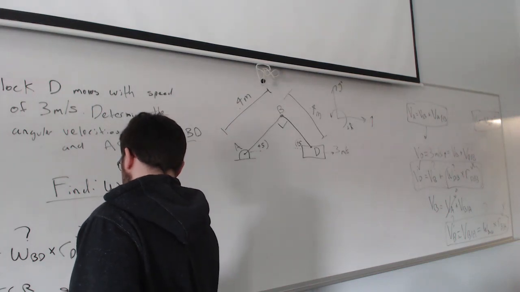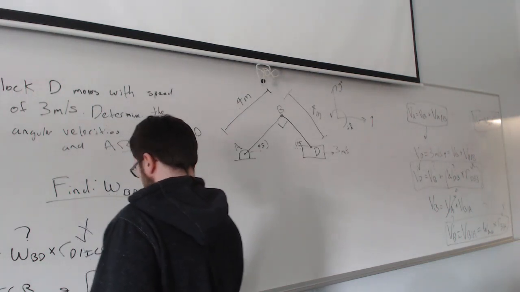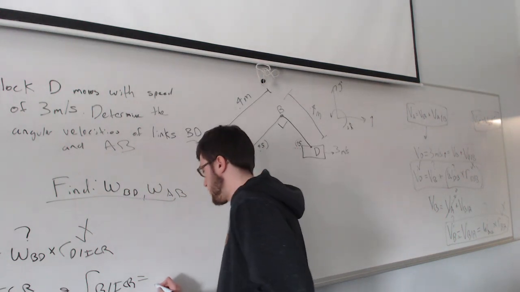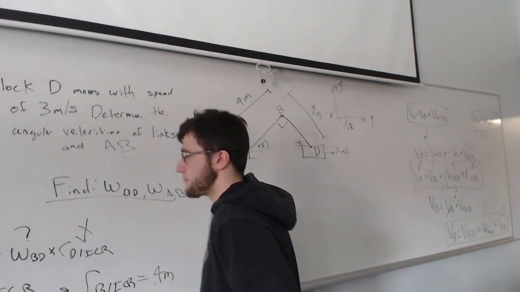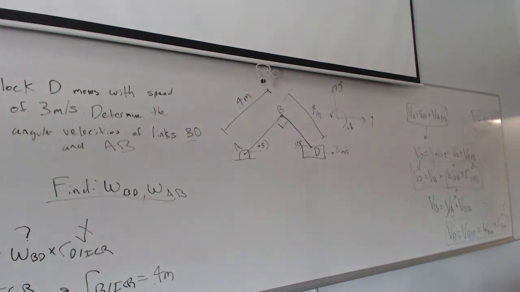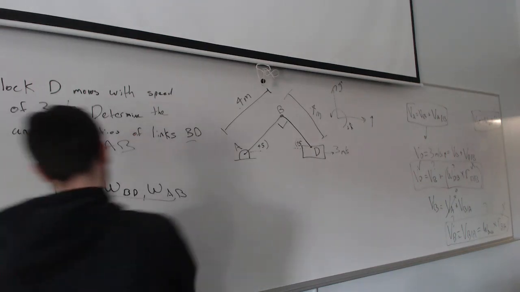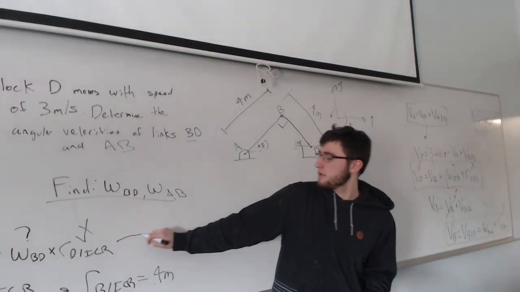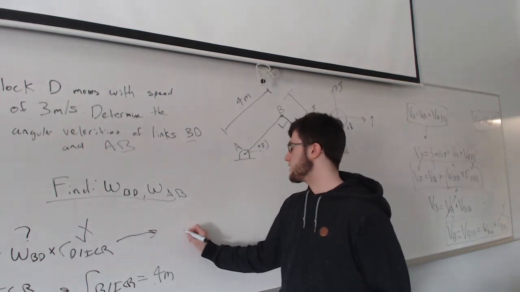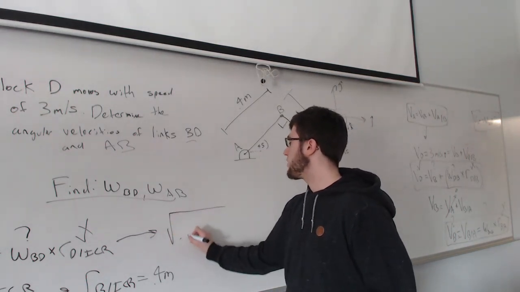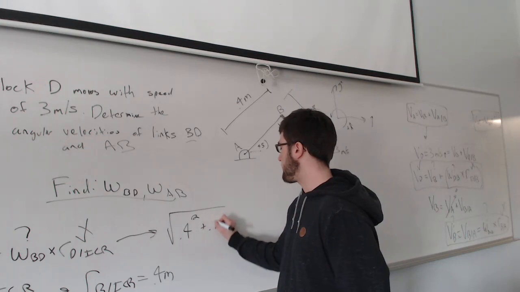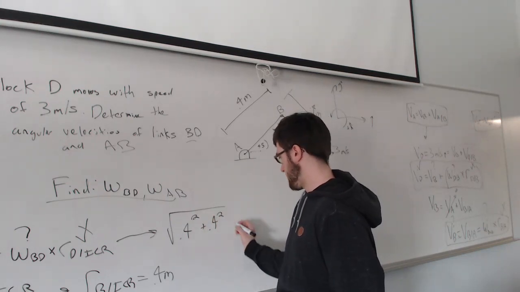So RB with respect to the instantaneous center of rotation is just 0.4. So this is 0.4 meters, this is 0.4 meters, which we just found. So this is what I meant, a squared plus b squared. So to find this term right here, all it is is the square root of 0.4 squared plus 0.4 squared.